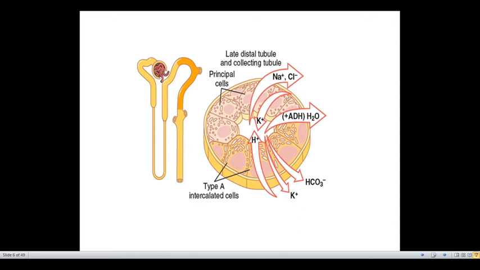Type A intercalated cells reabsorb potassium and bicarbonate ions from the lumen of the renal tubule and secrete hydrogen ions into the lumen. An important point to note is that the reabsorption of water from this segment is controlled by the concentration of antidiuretic hormone.